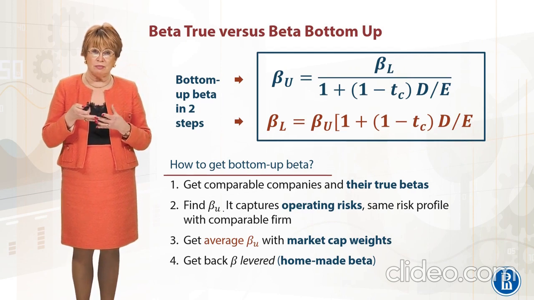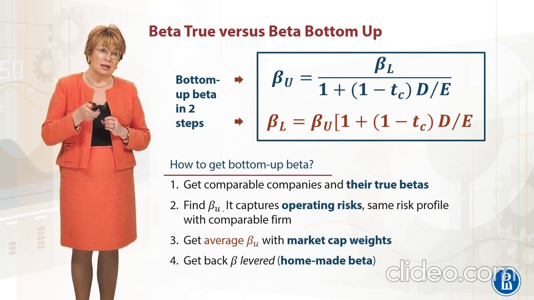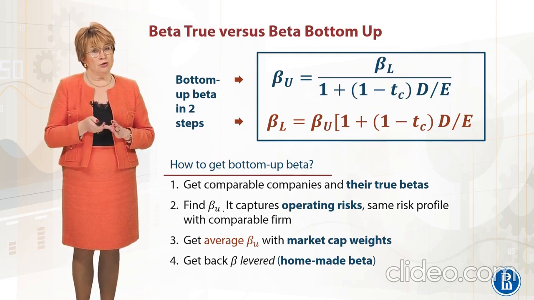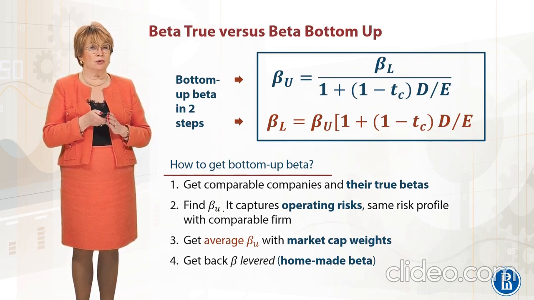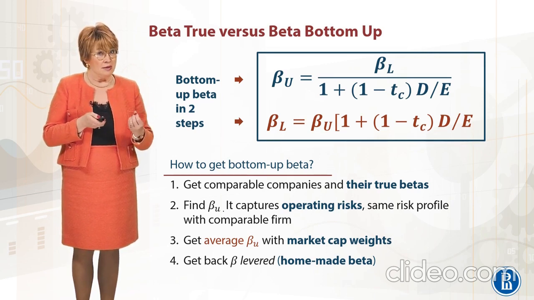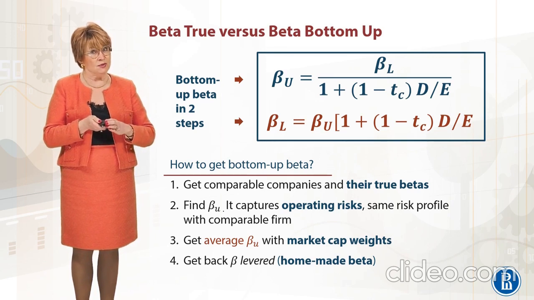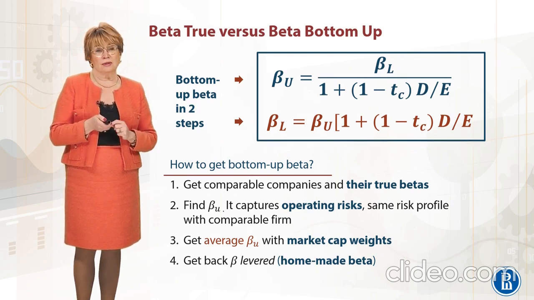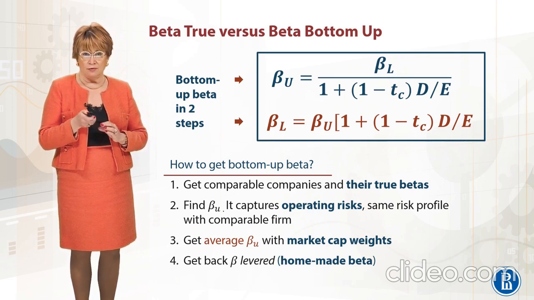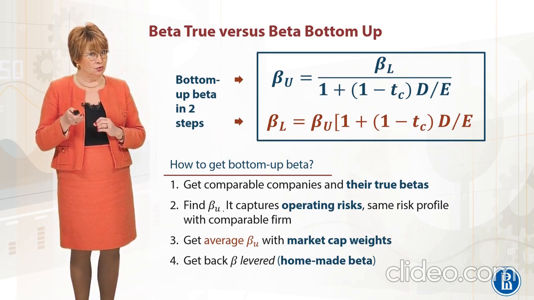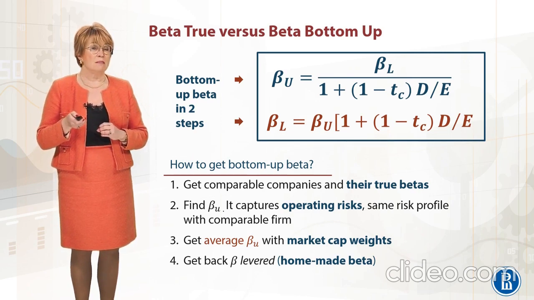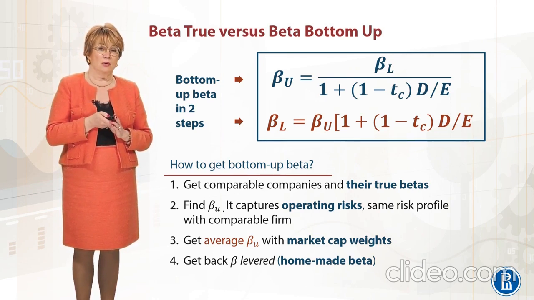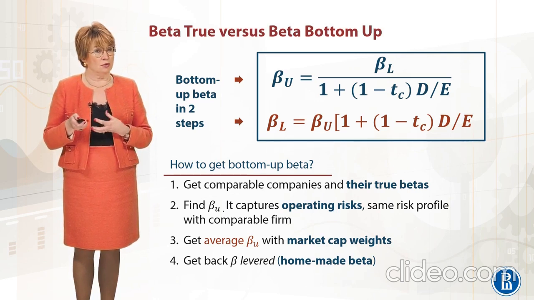This functional relationship between beta of the company and its capital structure, which is represented in those equations by debt to equity ratio, permits us not only to unlever the beta of any company which uses debt capital in its capital structure, but we can also, at first, use some comparable companies, and this would be our first step, and look for their true betas from their regression analysis based on their actual data about the sensitivity of their stock returns to the market rate of return.